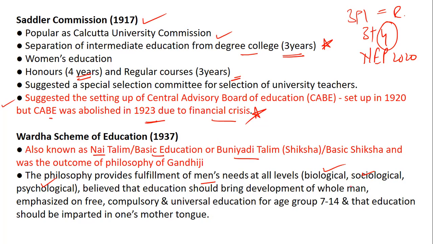Whether it is biological, sociological, or psychological needs, it believes that education brings a complete development, or you can also say holistic development. So when they're talking about holistic development, you have to connect it to the Wardha system. He also emphasized free and compulsory universal education for the age group of 7 to 14, which should be imparted in one's mother tongue.